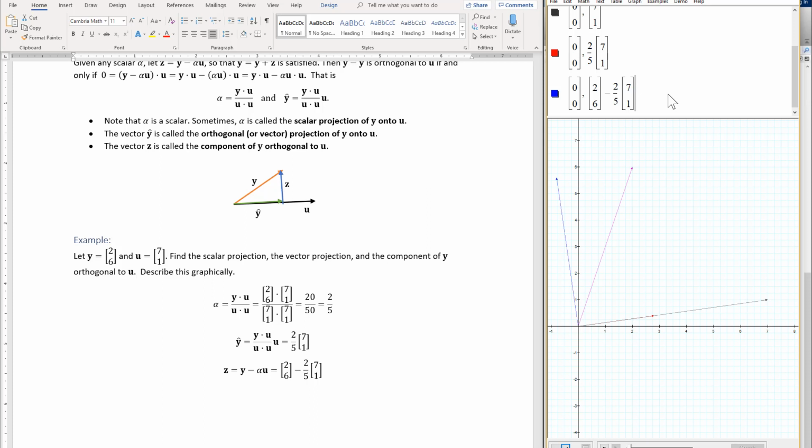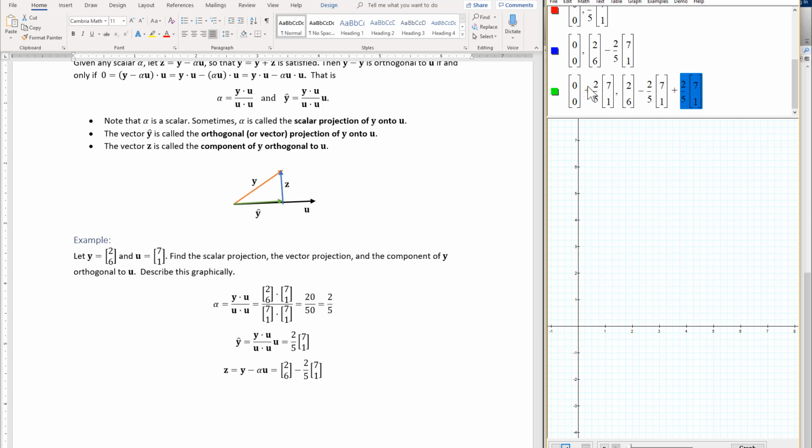It gets a little tricky now, but let's see it translated. To each of these things, I want to add this vector here. So technically, this is what's happening.